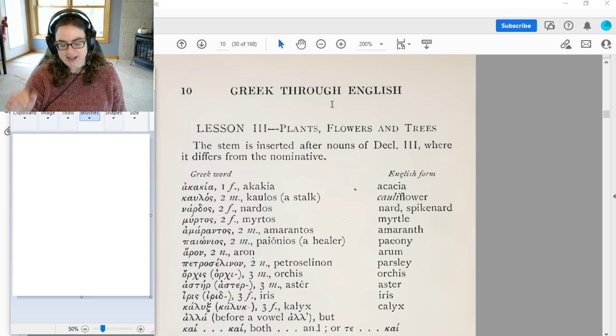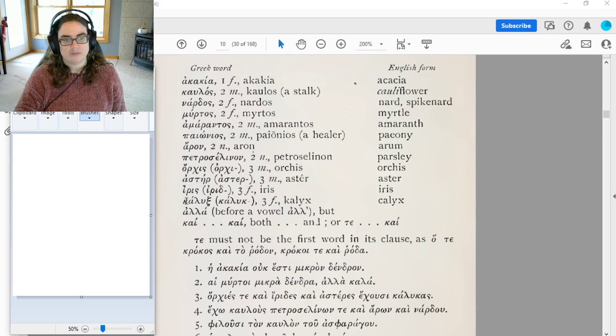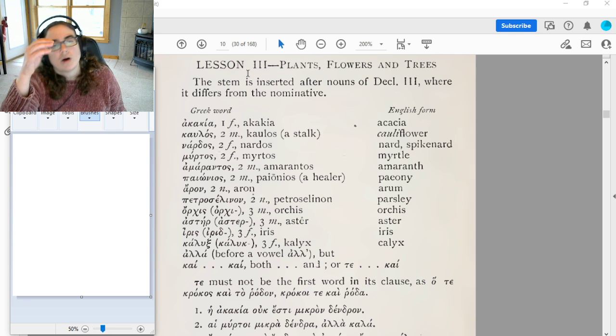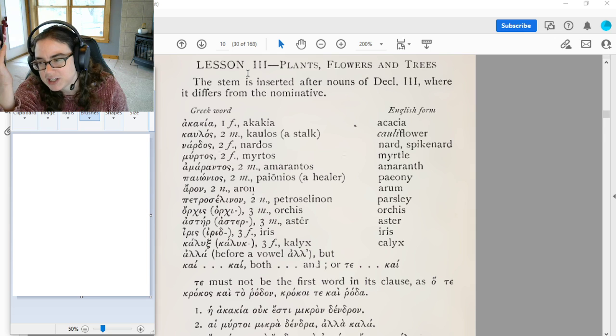And so a lot of times, the root of the word looks a little bit more different in the nominative. So what do I mean by that? Let's find a good example. Oh, that's what it means. I was wondering, like, inserted?